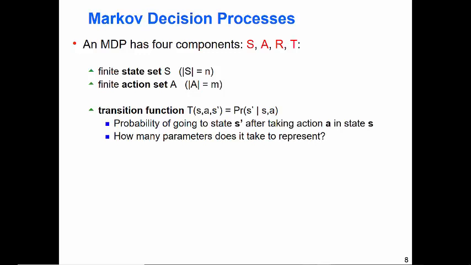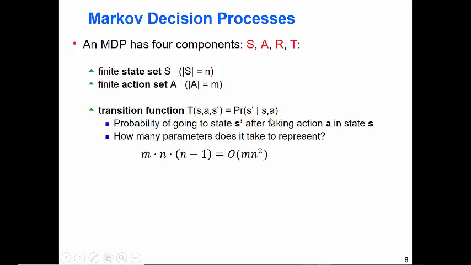Okay, so I'm telling you there's going to be N states and M actions. Yes. Okay, so N times M minus 1. So that's a tricky one, but he's right.